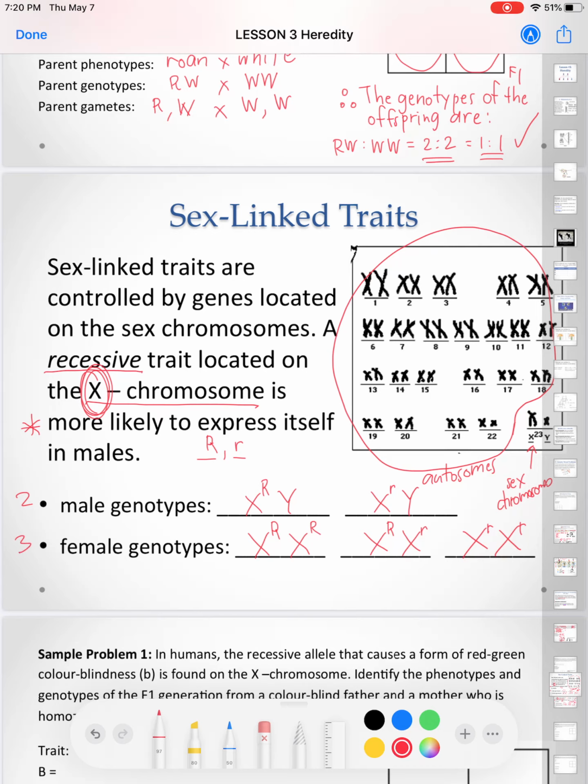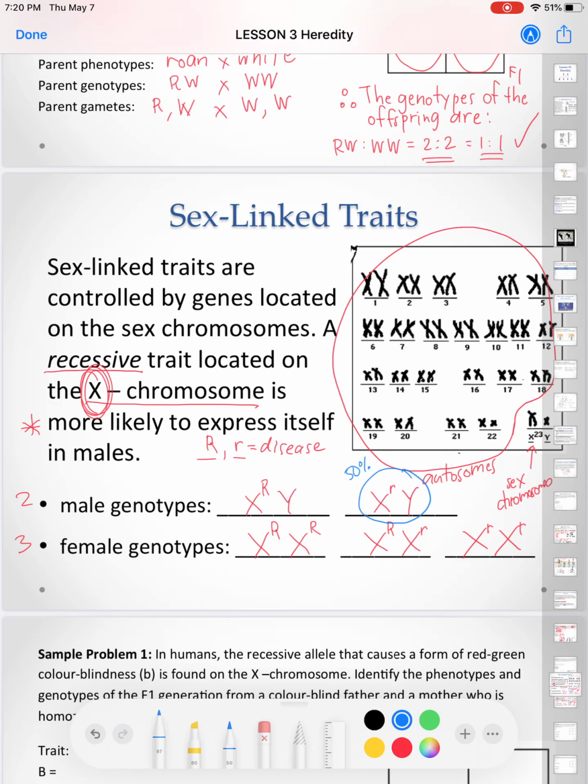So if this was a gene that controlled a genetic disease, for example, and this disease came if you had the recessive allele, that means this male would have the disease.